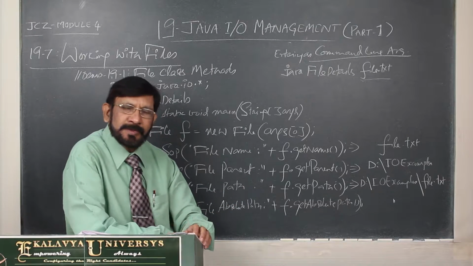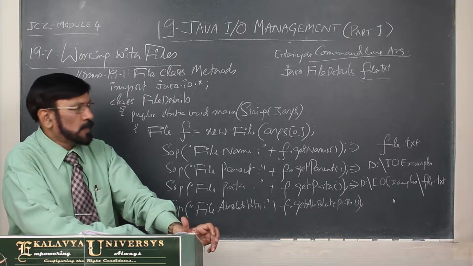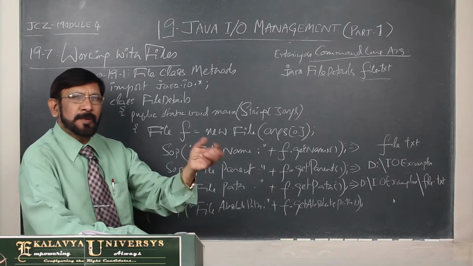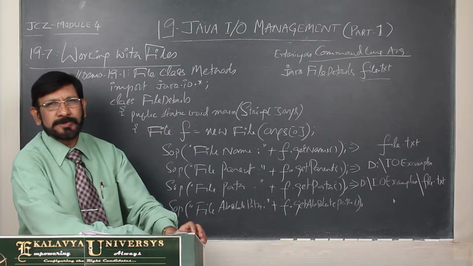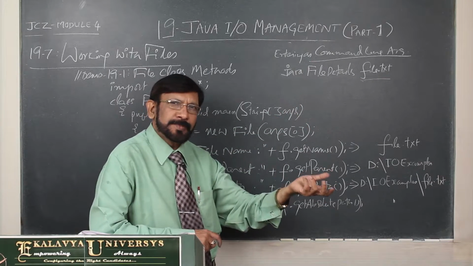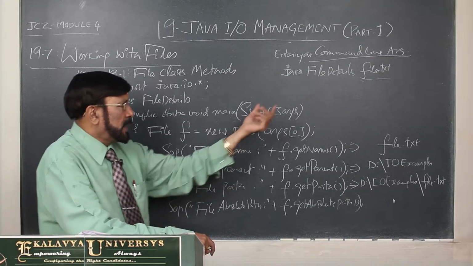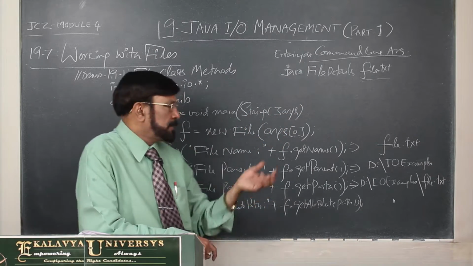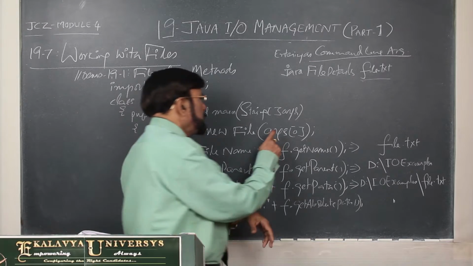If it is an integer value or floating point value or double value, we may require parsing in order to perform operations. But the file name is a pure string. That's why we use it as it is, and need not perform any parsing operations.